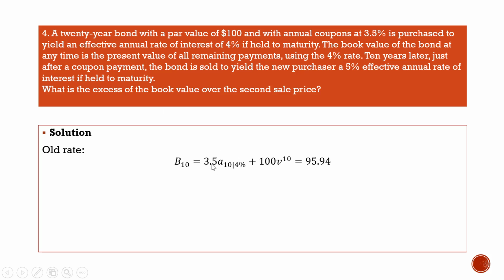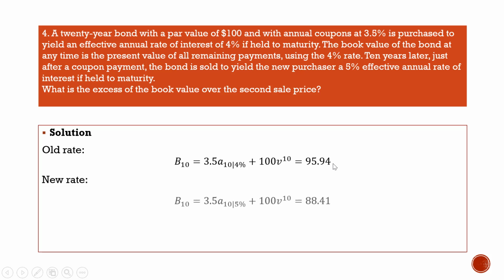So using 3.5 as the coupon, 10 as the number of remaining coupons, 4 as the interest rate, and 100 as the redemption value, because it's held to maturity, that means it's redeemed at par. So the book value at time 10 of this bond using 4% interest is 95.94.